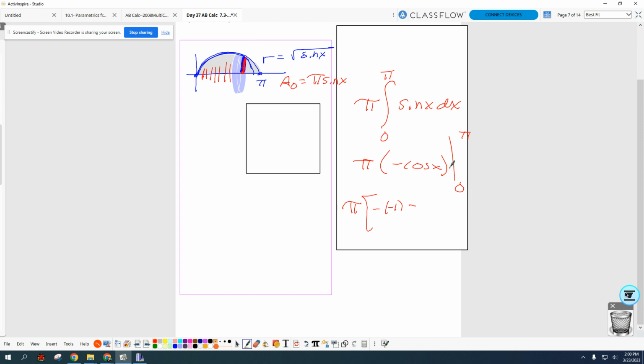Plugging in 0, cosine of 0 is 1. Minus a negative 1, right? So it's minus, minus. That's right. Yeah, I got 2 pi, because plugging in the 0 to cosine, we got negative 1, but it was a negative 1.